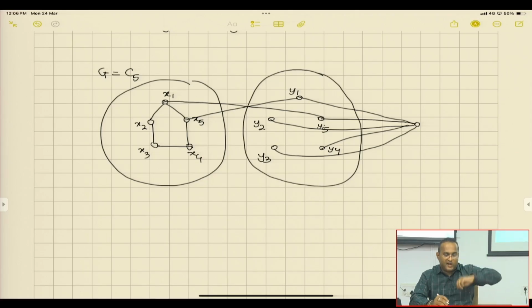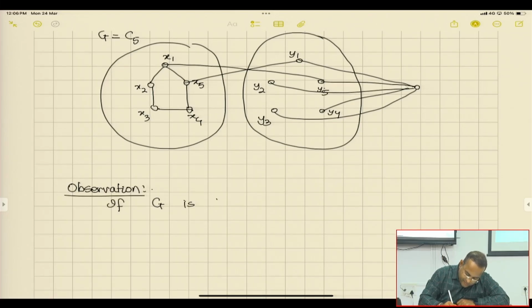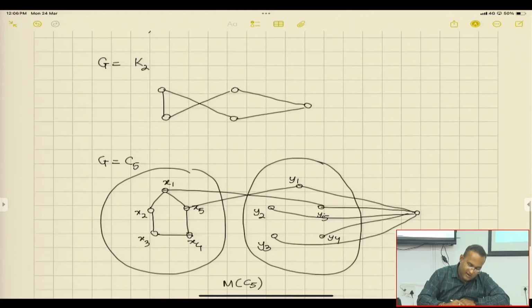If G is triangle free, then what will happen? If G is triangle free, what can we say about M of G? This is M of C5, right?